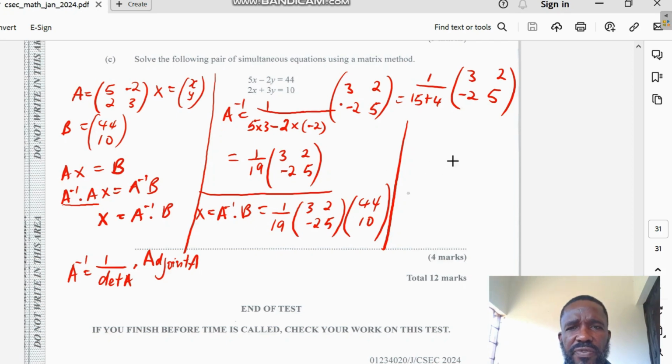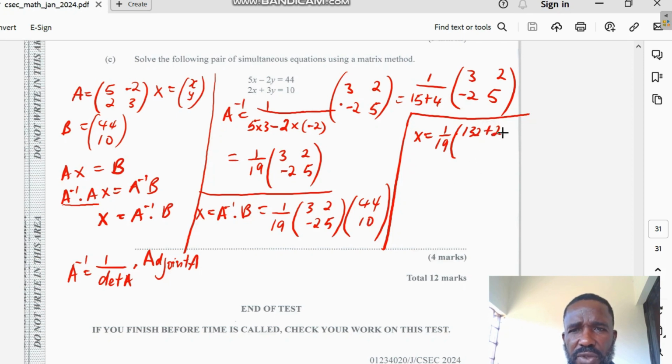So X is equal to 1 over 19 times, 3 times 44 will give us 132, plus 2 times 10 will give us 20.